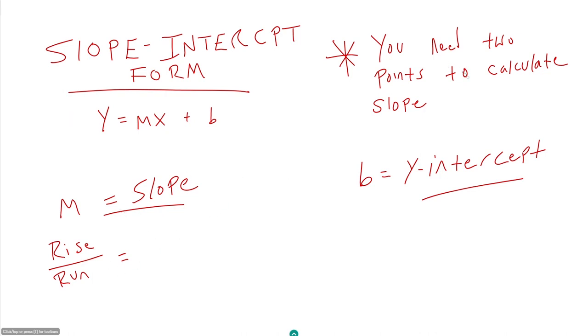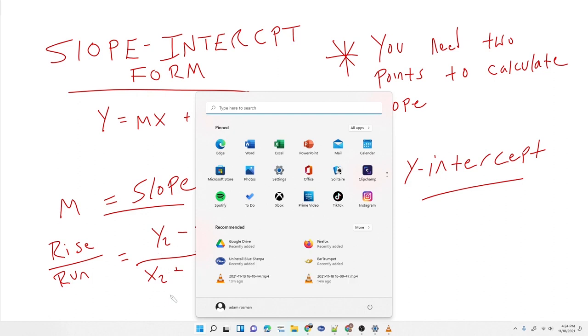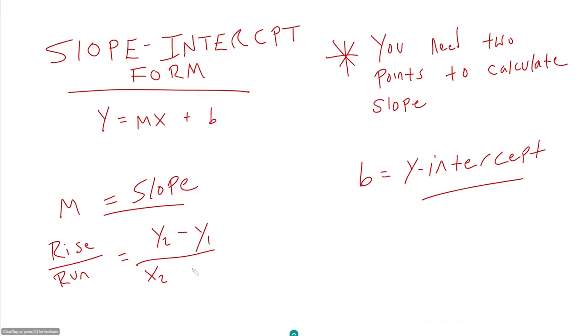It might not give you literally 2 points, but as long as you can get 2 points on your line with the information they do give you, you should be able to calculate slope. Once you have those 2 points, your rise is just your y2 minus y1, the difference in your y coordinates, over your run, which is x2 minus x1, or the difference in your x values.